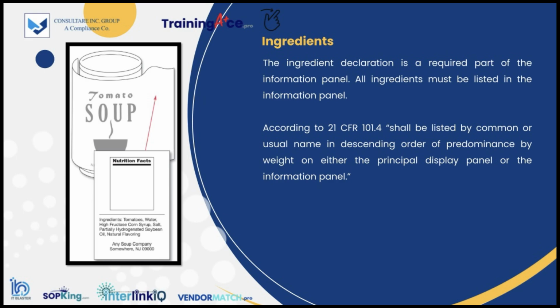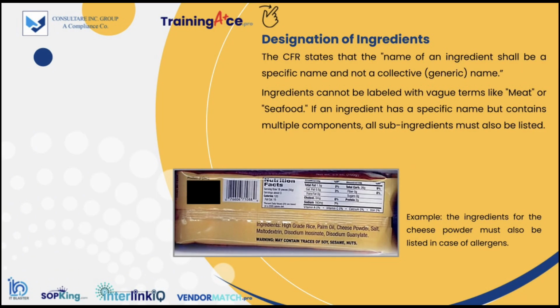According to 21 CFR 101.4, ingredients shall be listed by a common or usual name in descending order of predominance by weight on either the Principal Display Panel or the Information Panel. Designation of ingredients. The CFR states that the name of an ingredient shall be a specific name and not a collective or generic name.